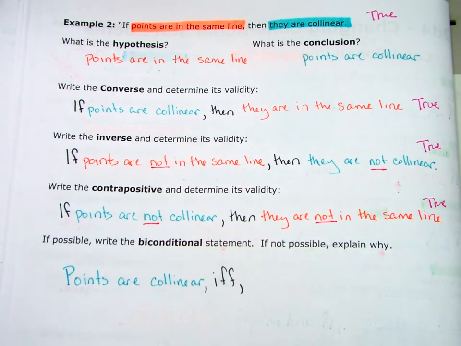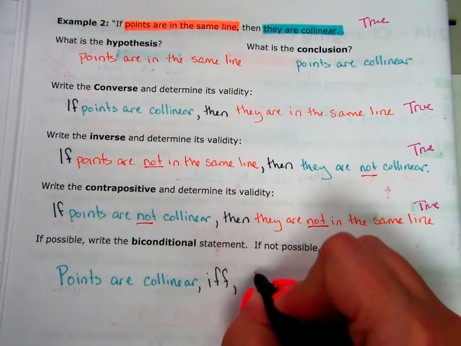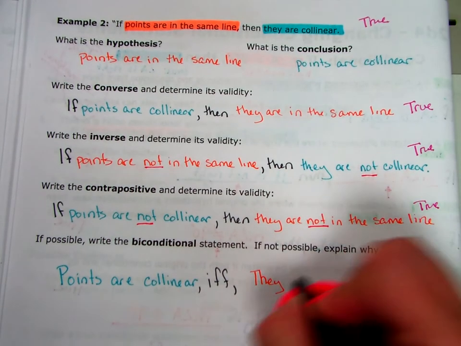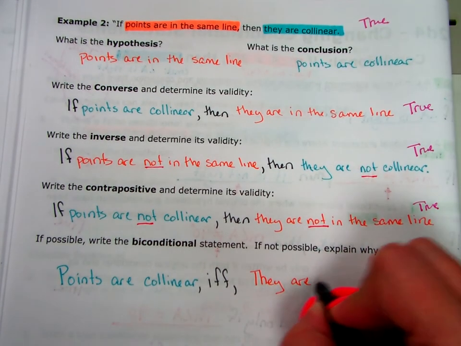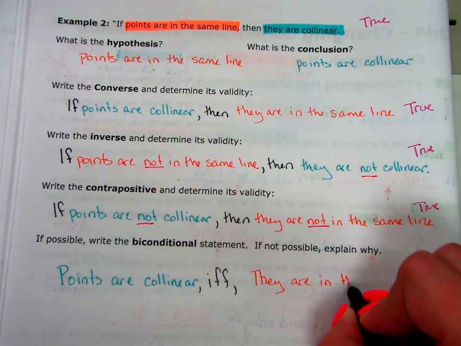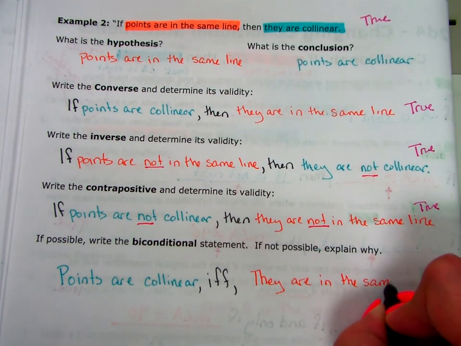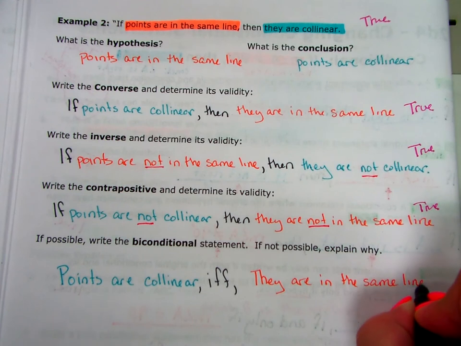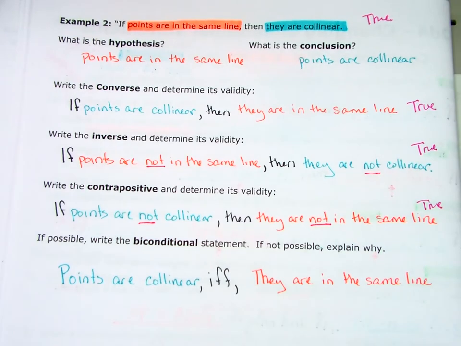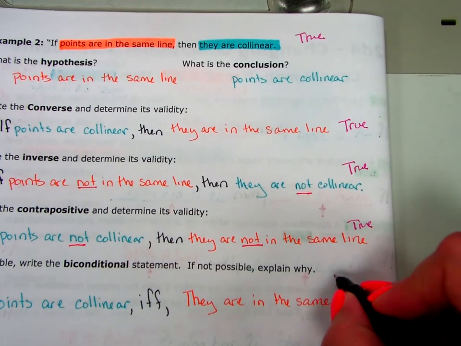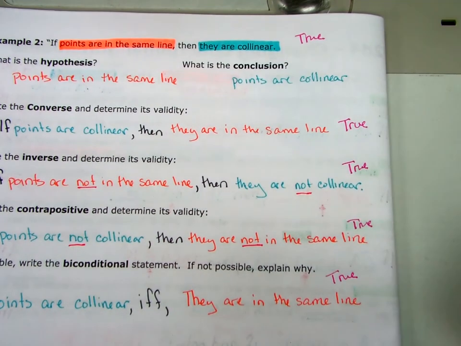What was my hypothesis? They are in the same line. True or false? True. Your biconditional will always be true because it's coming from two true statements.